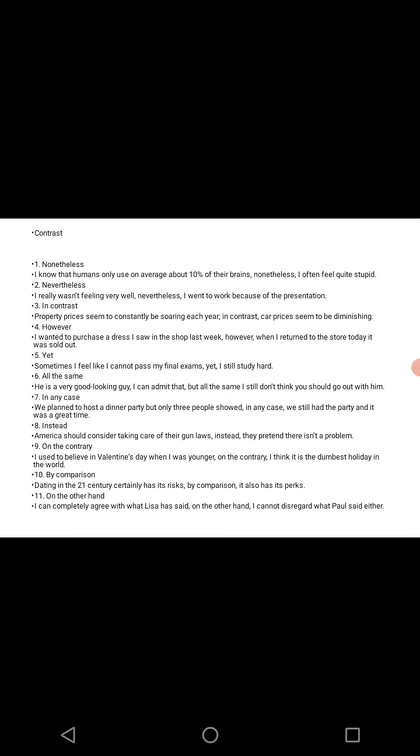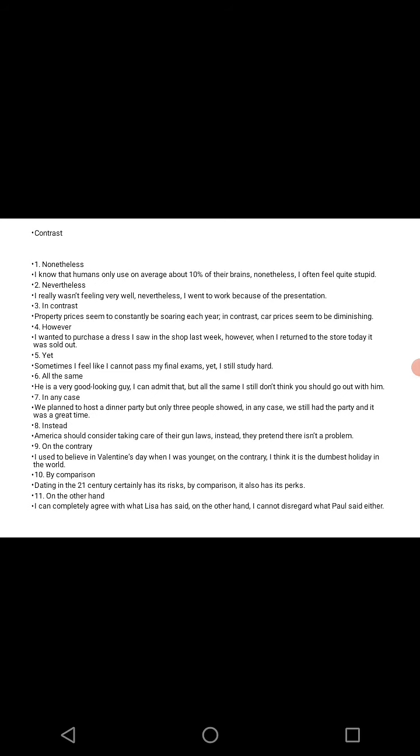For contrast, there are 11 types. The first is nonetheless. Their example is: I know that humans only use on average about 10% of their brains. Nonetheless, I often feel quite stupid. Second is nevertheless. I really was not feeling very well. Nevertheless, I went to work because of the presentation. Third is in contrast.